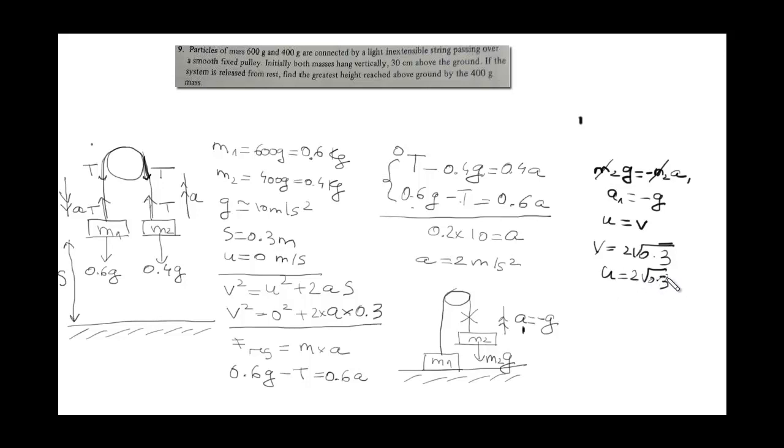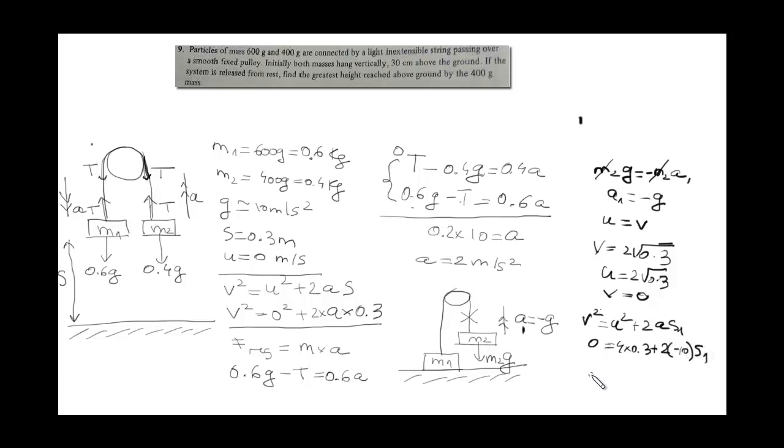The final velocity when M2 stops is 0. Therefore we can write v squared equals again u squared plus 2 a s1. So 0 is equal to 4 times 0.3 plus 2 times minus 10 times s1.